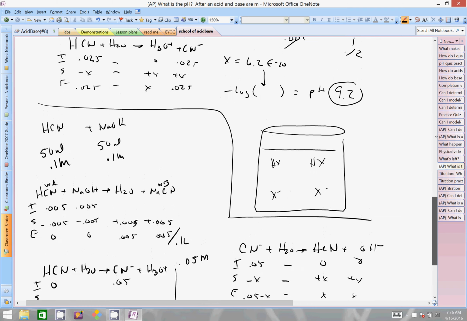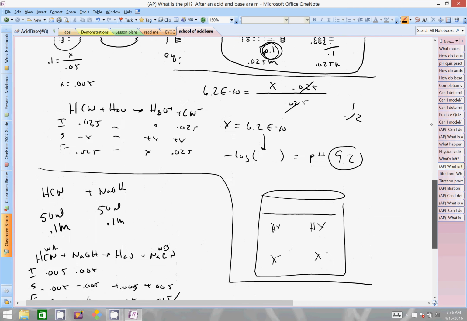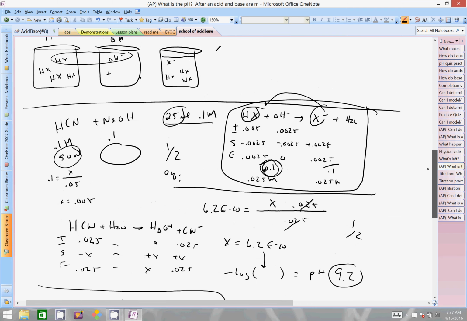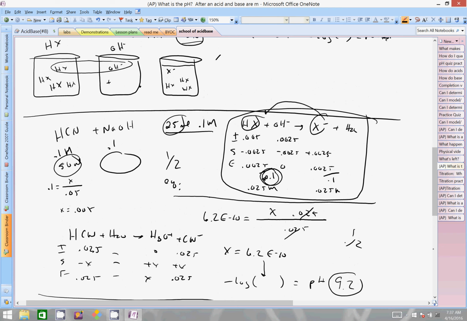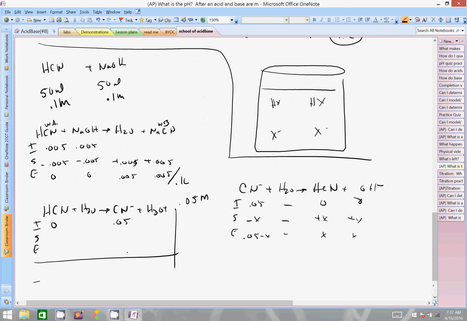Not that it matters. Alright, let's not even worry about it. Let's just redo it quickly here. Okay, so in this case, the Ka times the Kb equals the Kw.